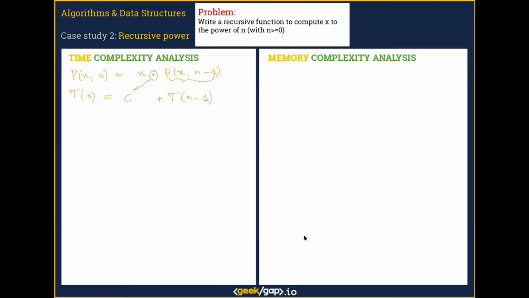And like we saw earlier, this will give us Cn, which we can say is big O of n. This is how we find the time complexity. And the memory complexity, again, like we saw in the previous slide, is also linear. So that's it for the time and memory complexity for this.